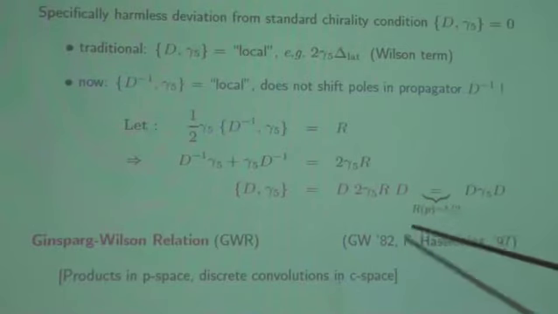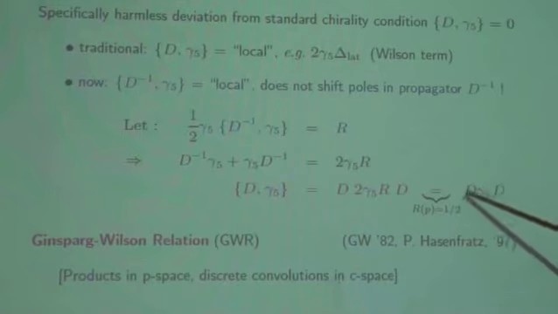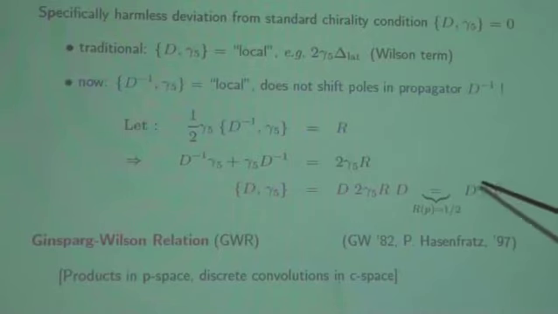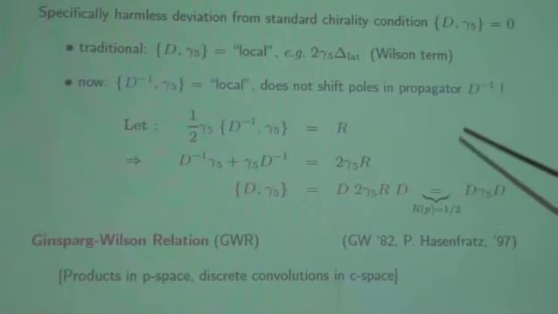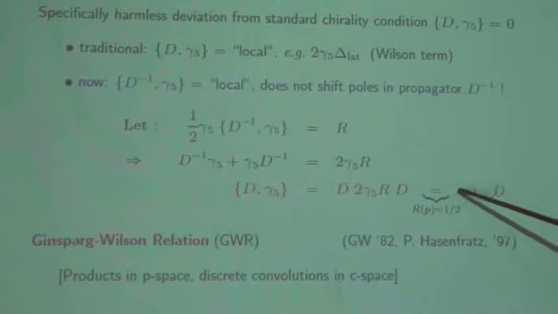The extra term can be put to 1/2 to make it as simple as possible, so that would be D gamma 5 D. So you see that if I write the dimension, this has dimension R squared, so it comes with a lattice spacing factor, which I did not write because it is 1 in this notation, so this goes away in the continuum limit.